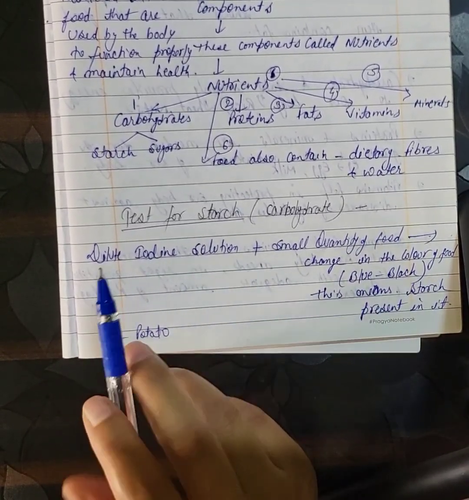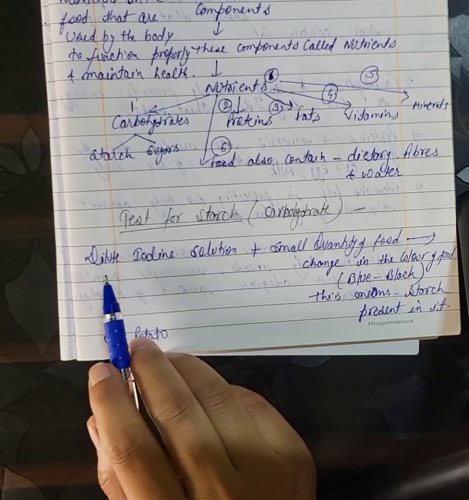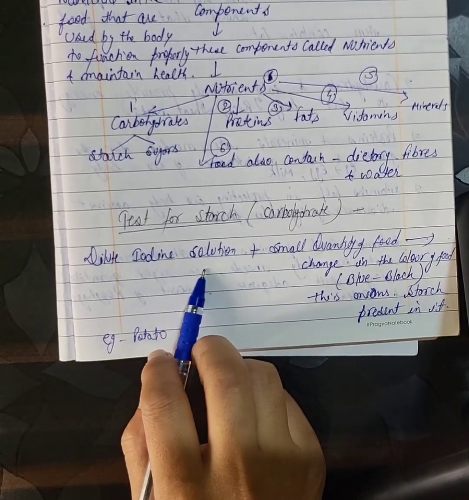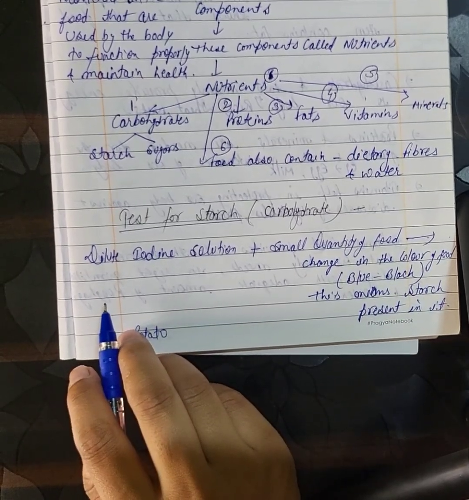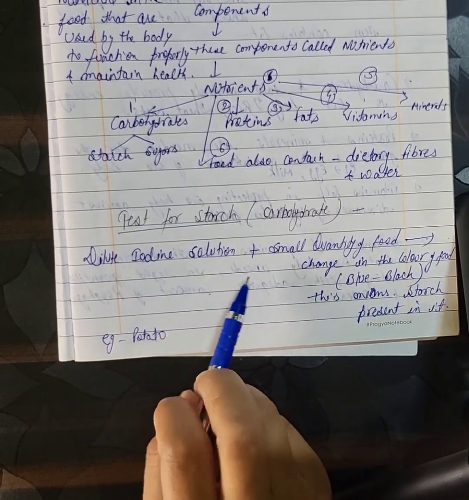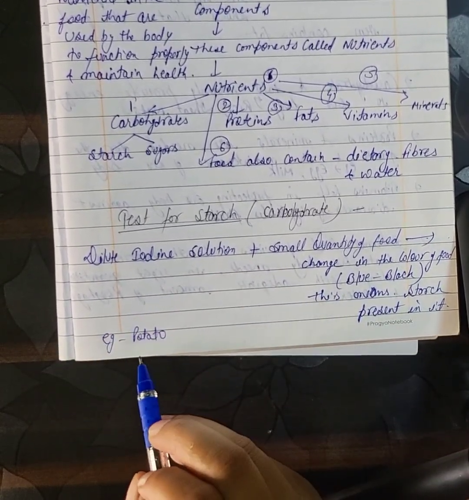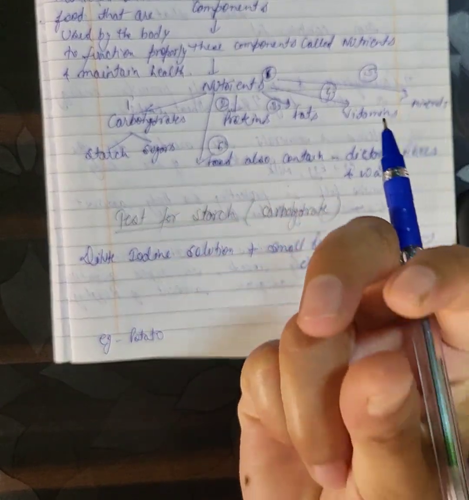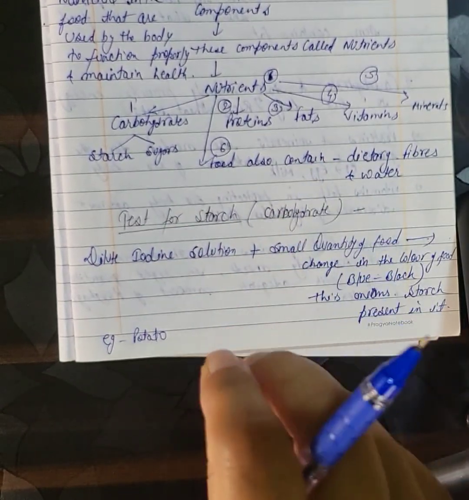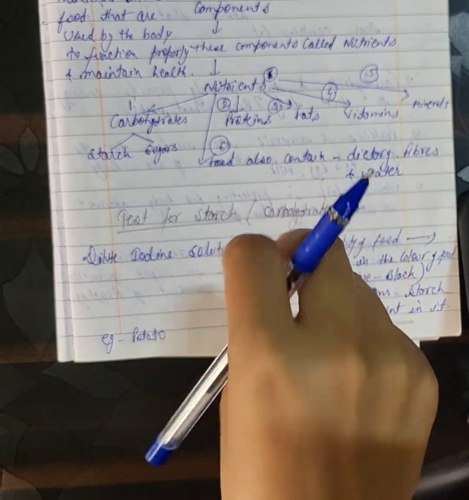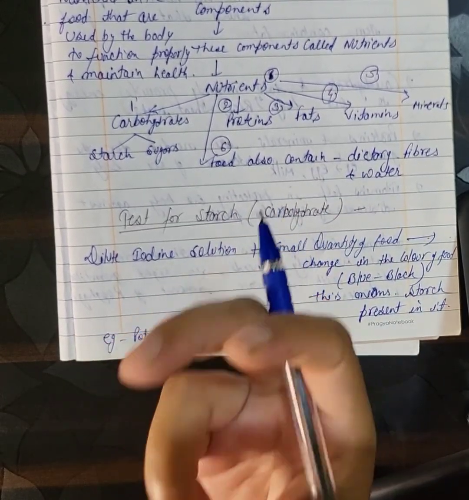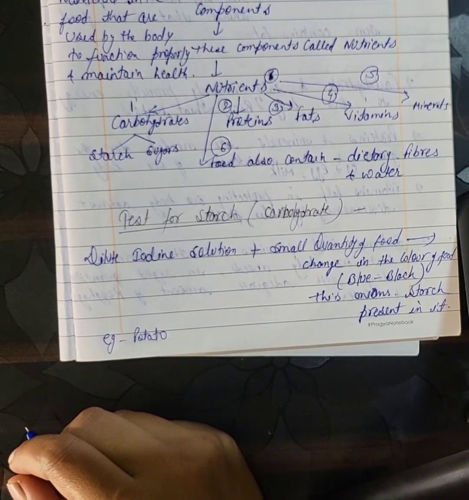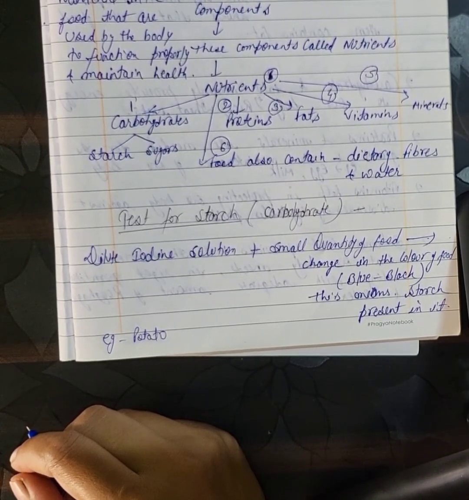In NCERT, the simple test is to take dilute iodine solution and a small quantity of food, for example potato. If you put some iodine solution on it, the color changes to blue-black, and this means starch is present in it.